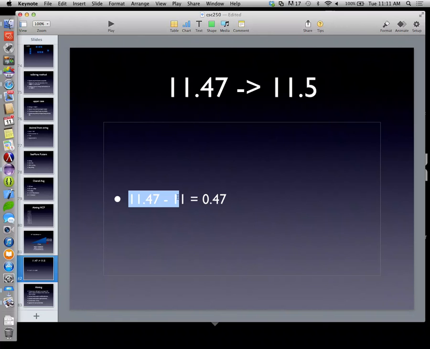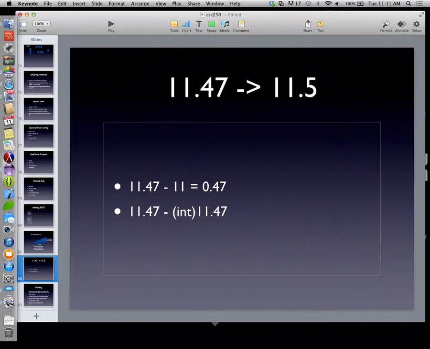How would I accomplish this in Java? Could I say 11.47 minus the integer version of 11.47? Would that truncate that? If I forced that second 11.47 into an int?